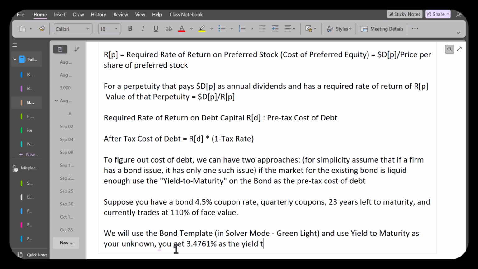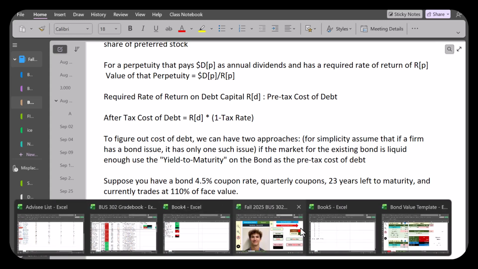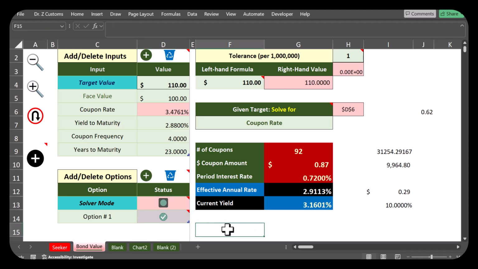By the way, you can even find it using the rate function. There's actually an Excel function. Let me remember the arguments. Actually, let's do it here ourselves. The first argument is number of periods, 92.